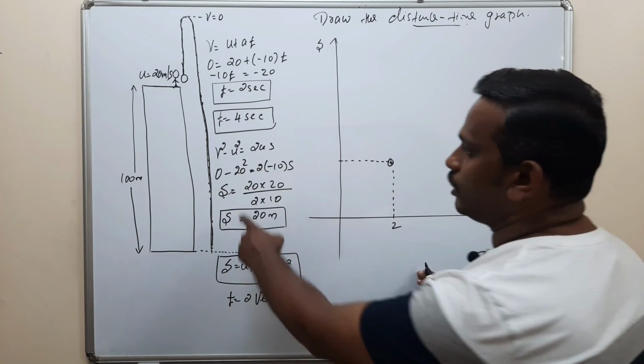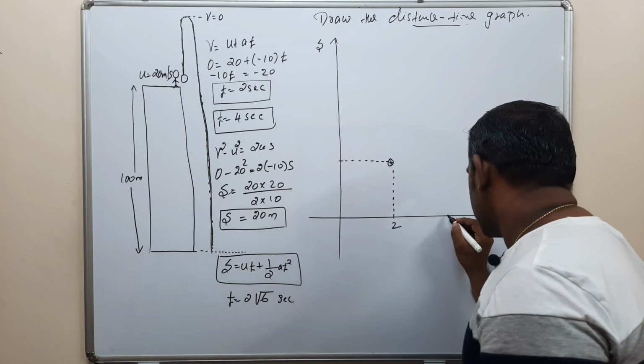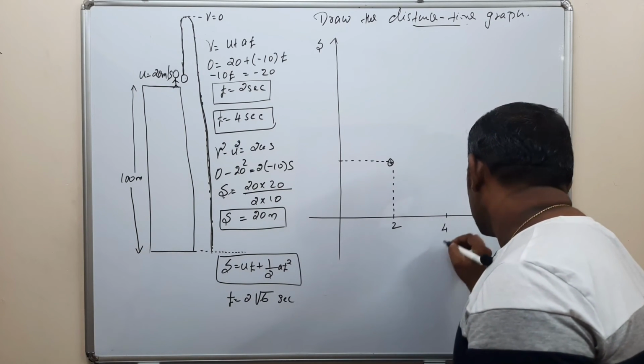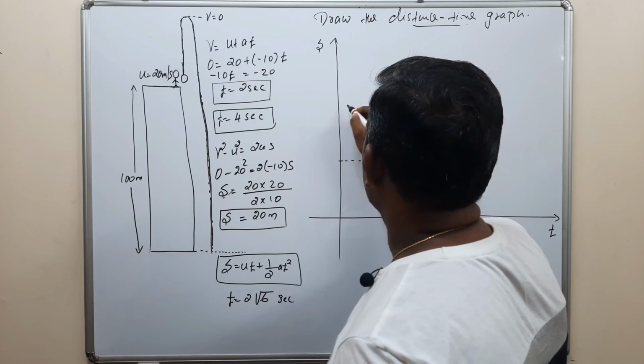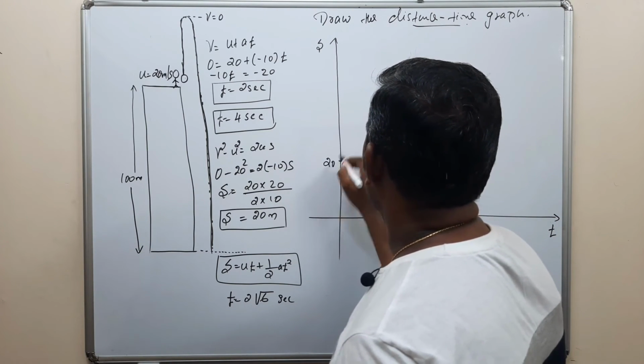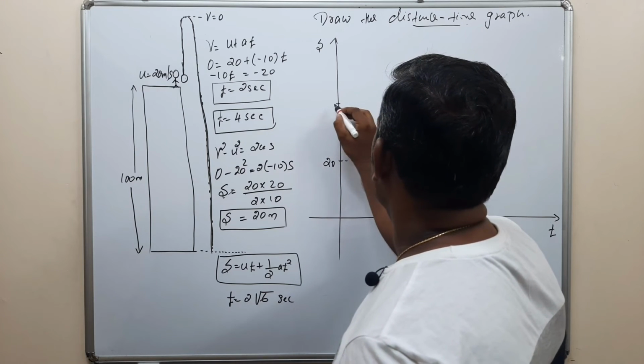When time t is equal to 4 seconds, the distance traveled by the ball is 40 meters. This is 20, this is 40.